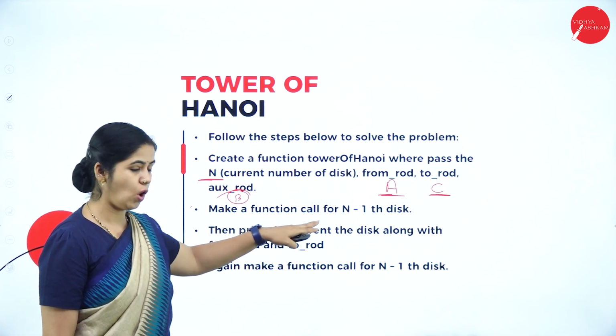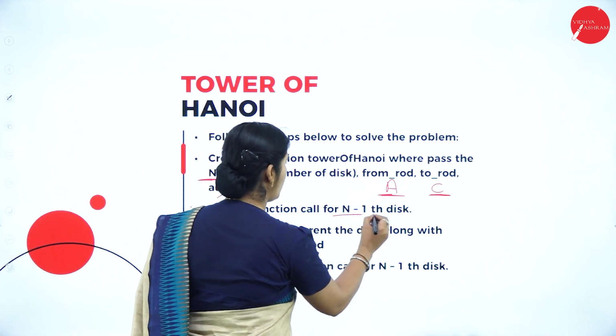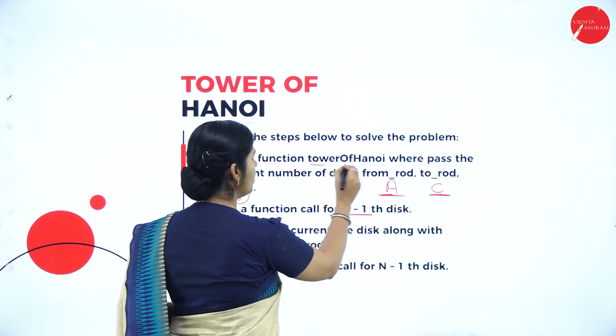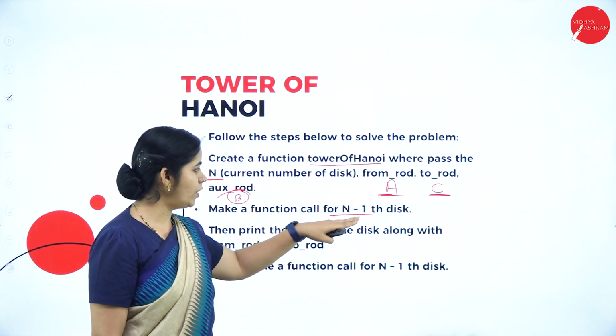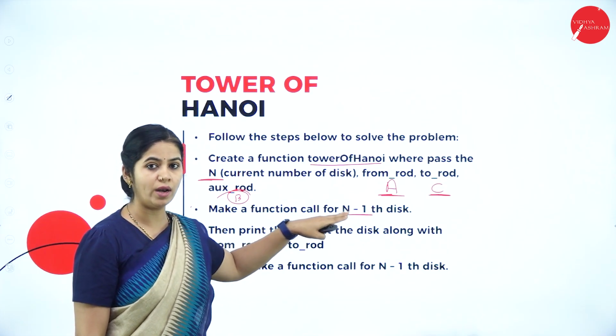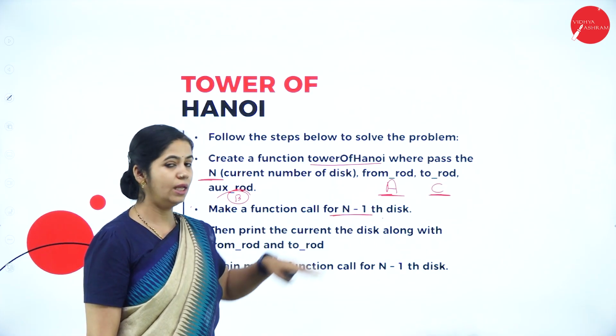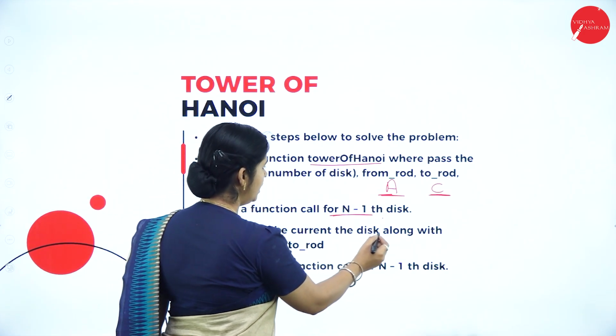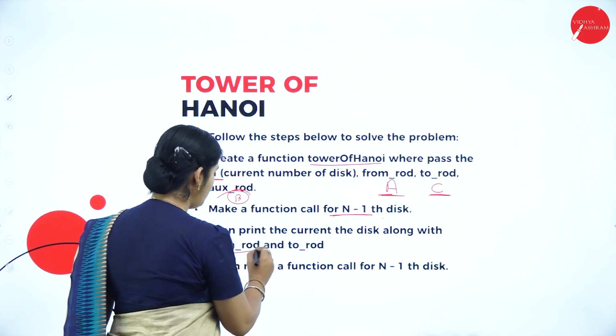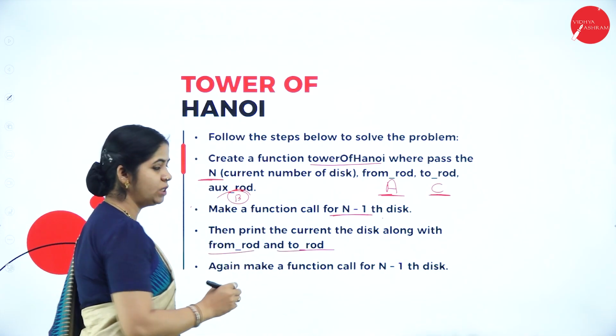Make a function call for n minus 1 disks. We are writing one function called Tower of Hanoi, and for this we make a call for n minus 1 disks. Then print the current disk along with from and to. Current means what I have left with.